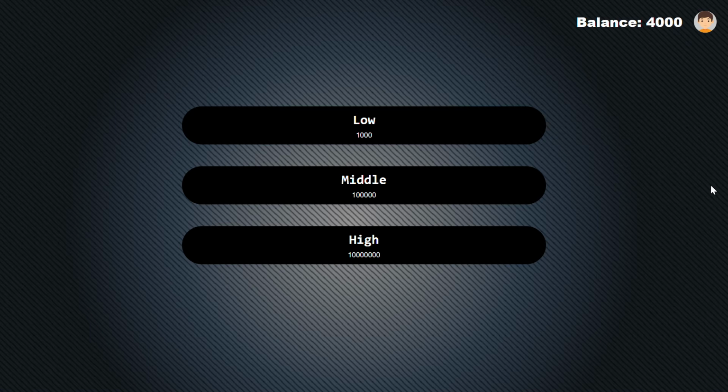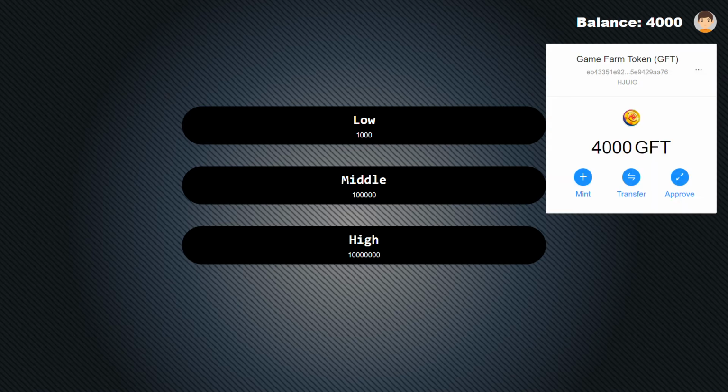But I want to give you a clarification before going to how to play. When you start playing this kind of game, your balance here is zero. So in order to get access to play this game, you should click here on the avatar so that you can mint your tokens.